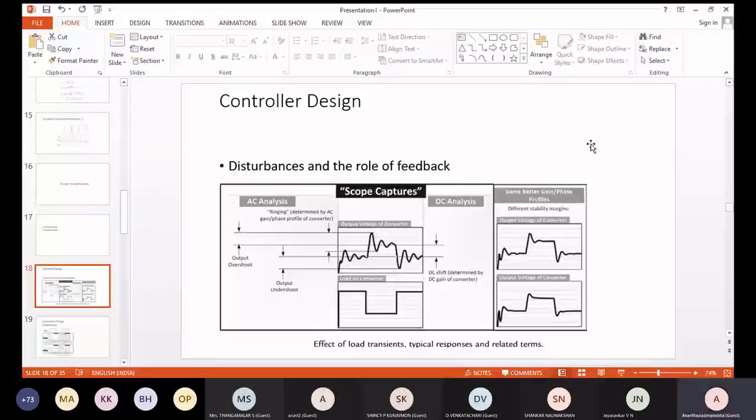Here is the occasion where the word disturbance comes into the picture. Whenever the power converter has to adjust to the new conditions, and by new conditions I mean a new current value or a new input voltage value.